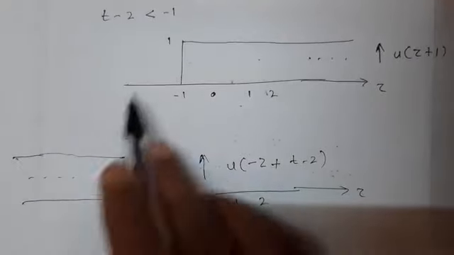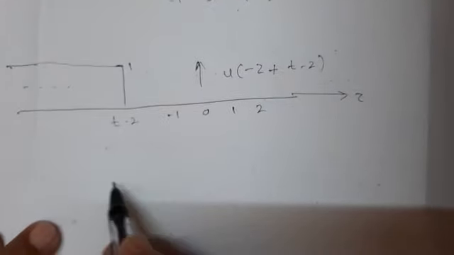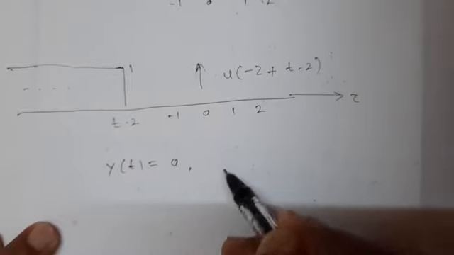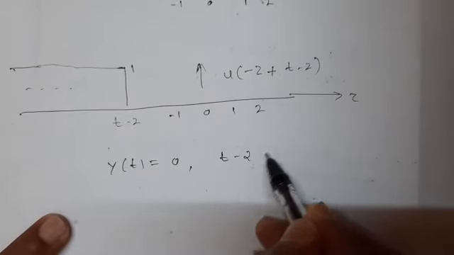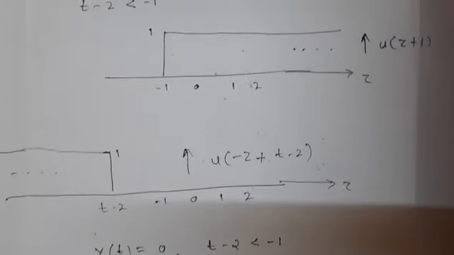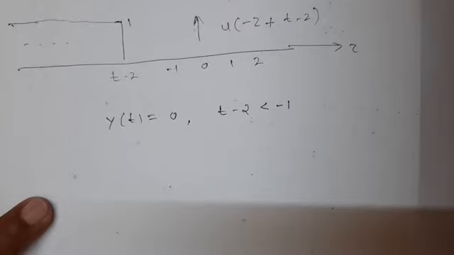When you multiply that, 0 into this is again 0, and hence you can write y of t is equal to 0 for t minus 2 less than minus 1. Is it clear?